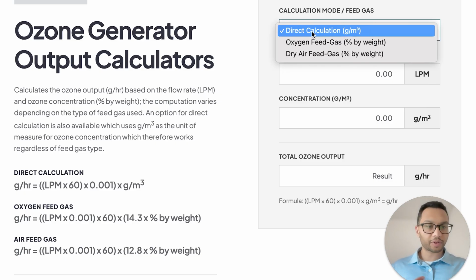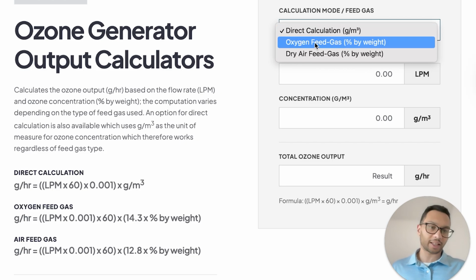If you go to the first tab, you'll see these two different selections. Oxygen feed gas, which is typically from a PSA unit or a LOX unit. Or you have dry air gas, which is very rare these days, but still available, where you're taking atmospheric air and running that through a dryer and then directly into an ozone generator.